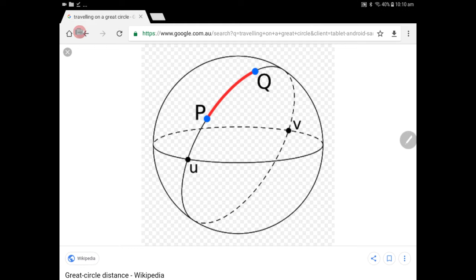So really the only time we're not travelling on a great circle is when we're going east to west, not on the equator. Then we're on those smaller circles. So we've got to use a different formula here to begin with. Let's have a look at that.